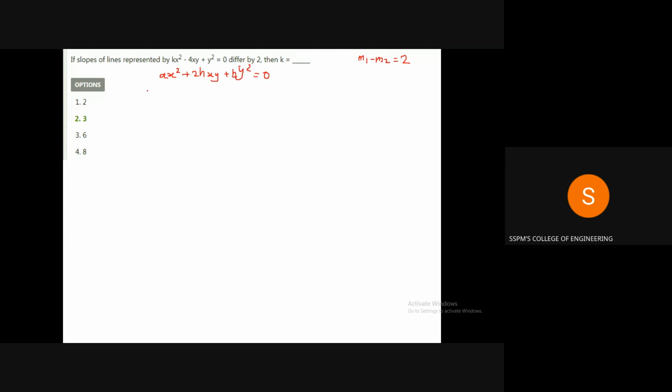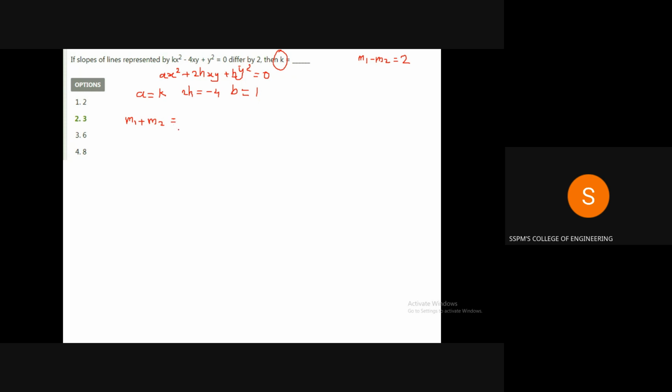So what is the value of a? A is k, 2h is minus 4, and b is equal to 1. We have to find the value of k, which will be found automatically. We just have to use the relation that we used in the previous example. Okay, now what is m1 plus m2?